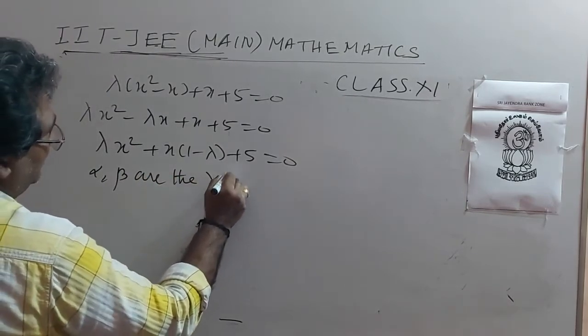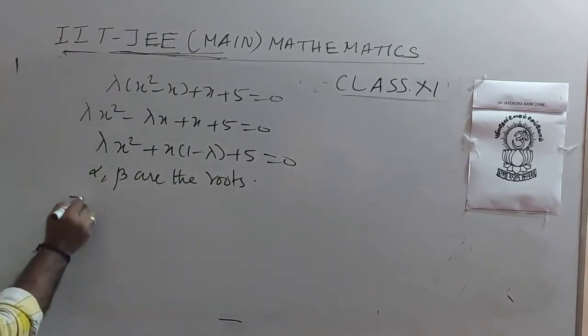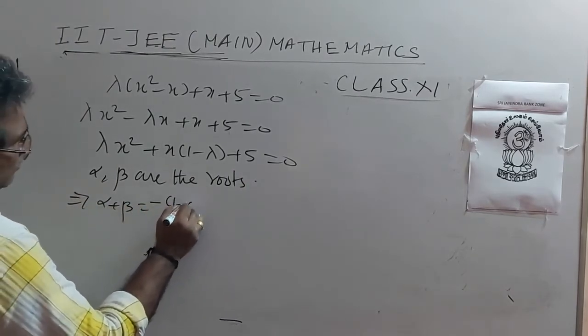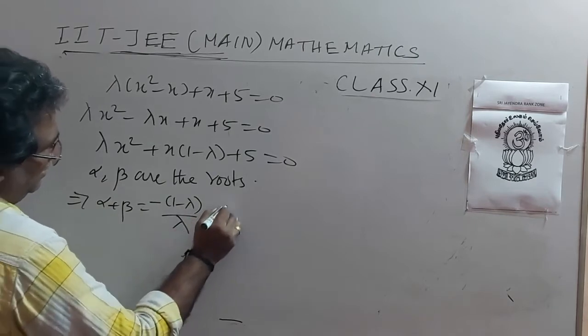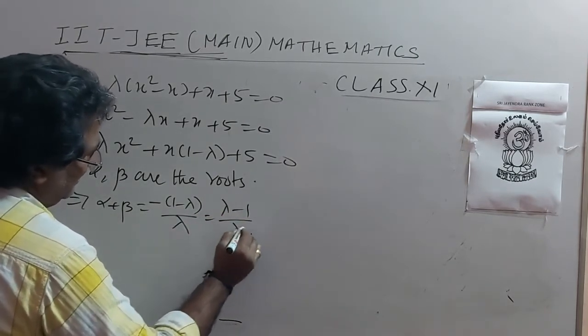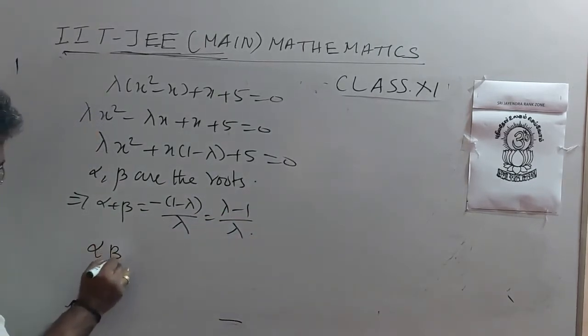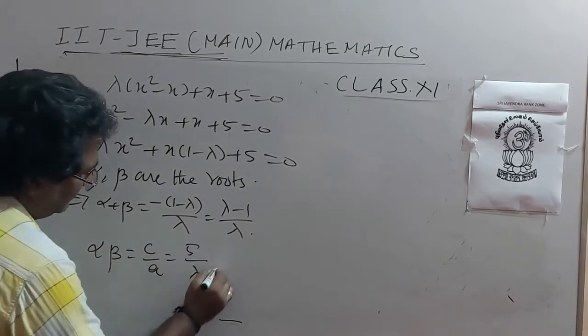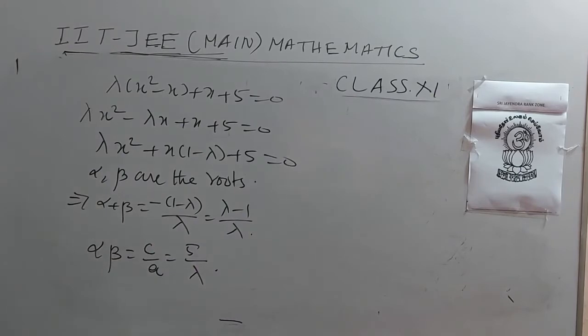Alpha, beta are the roots, which means alpha plus beta equals minus of (1 minus lambda) by lambda, or (lambda minus 1) by lambda. Alpha into beta equals c by a, that is 5 by lambda.